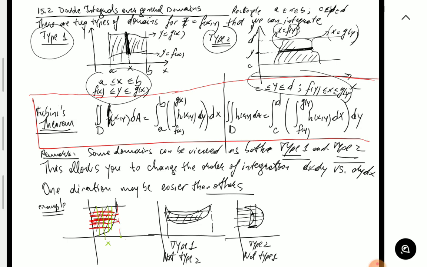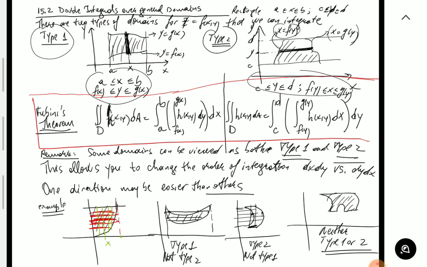And of course, you can have neither of the two. I mean, you can realize that you can have this combination. Let me see if I can do it, kind of like that, right? So this is neither type 1 or 2. Now, what do you do with domains like this if you encounter them in life?